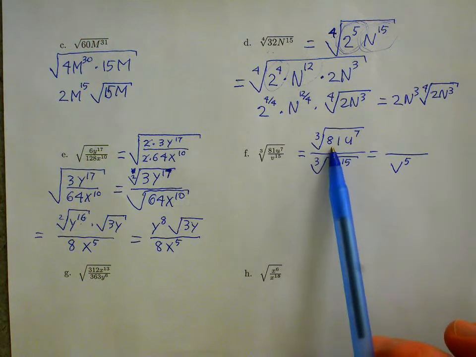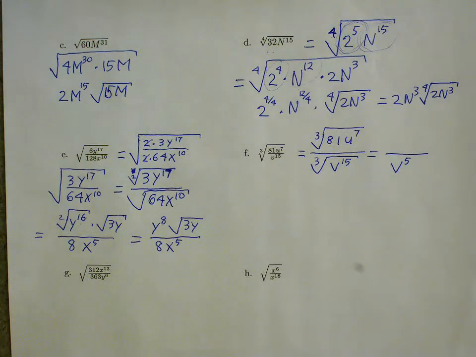The largest factor of 81 that's a perfect third power. Well, 81 is 3 to the 4th. Okay, so I'll write that in here. It's not absolutely necessary in every case, but 81 is 3 to the 4th.